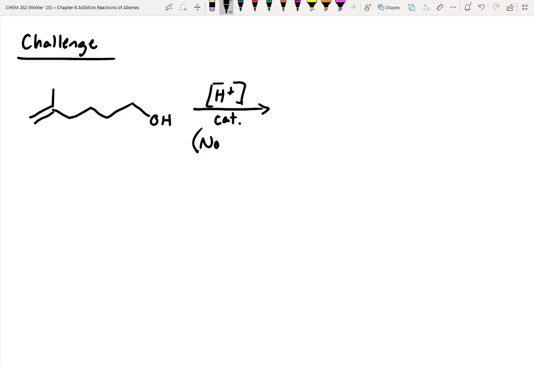However, there is no water. And I'll go ahead and give you the final product, but then what I want you to do is to help me figure out, all right, if there's no water, how in the heck is this product getting made? So let's try to propose a mechanism that might account for formation of the product as shown. So I'll give you a minute to work on this and then check with your neighbor.